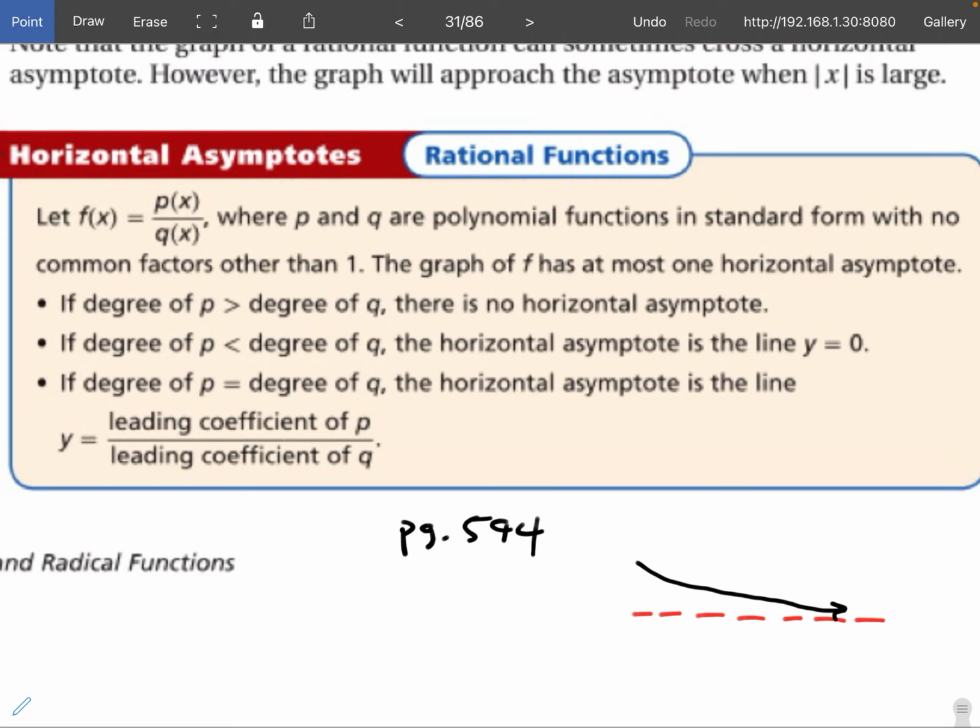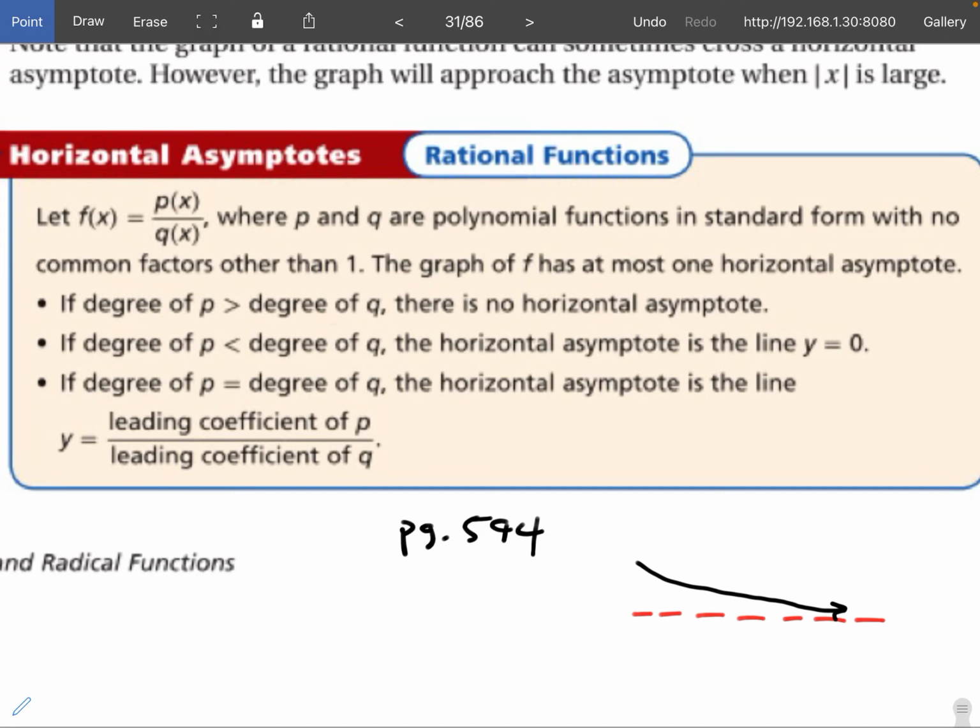So first of all, it talks about the degree of p. Well, that's the degree of the numerator. And then it talks about the degree of q. Well, that's the degree of the denominator. And the degree, again, is the highest power, or the greatest exponent, I should say. All right?